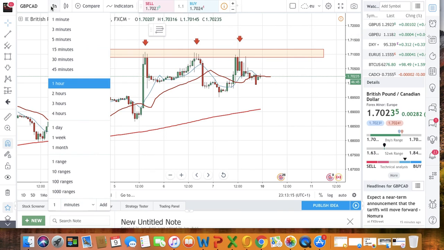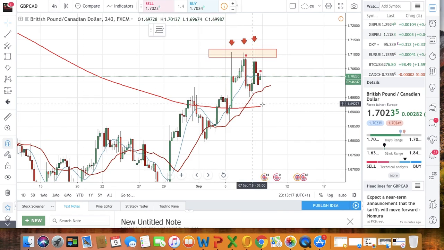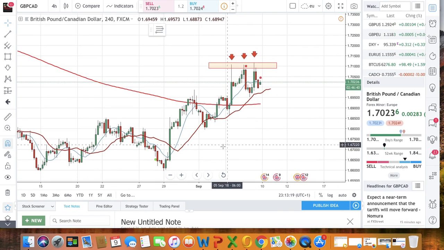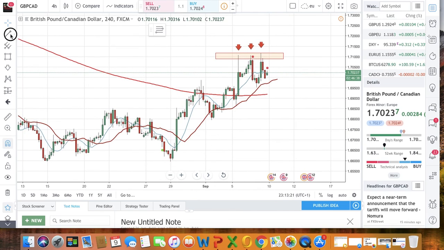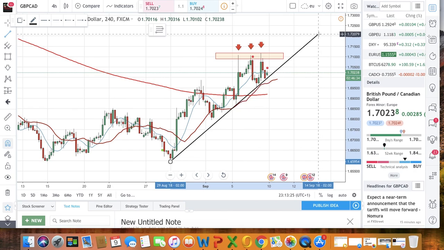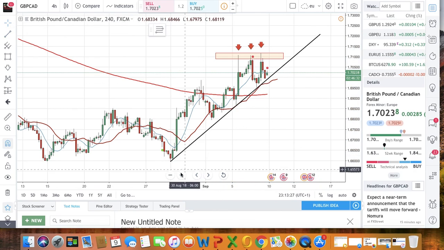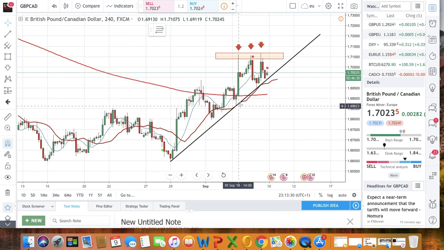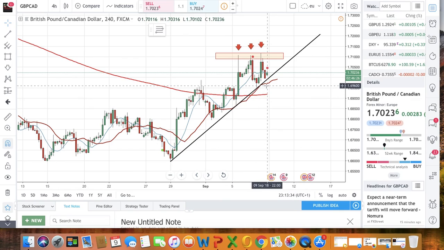Let's go to a larger time frame just so we can get a clear idea of the market. Now we've got a quite clear trend line right there. So price is respecting this trend line and using the moving average as dynamic support as well for this upside move. If we take a look, we should see a corrective structure on this trend line.